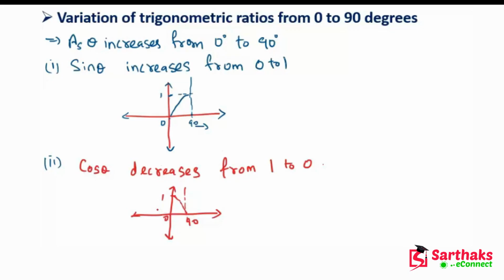Okay, so now let's move on. Now we are talking about the third point, tan theta. The value of tan theta increases from 0 to infinity.